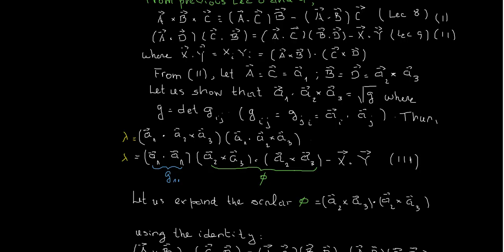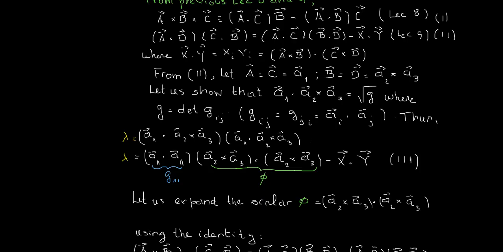And this relation is obtained just by plugging A equal C, B equal D equal A2 cross A3 into relation 2. Then I obtain this row here. So it's quite easy, just substitute.